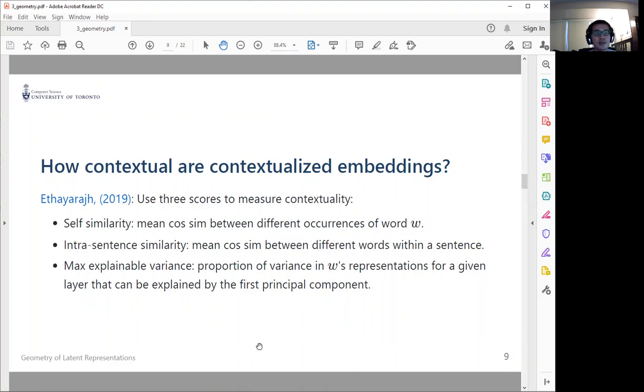And the second score is intra-sentence similarity, the mean cosine similarity between different words within a sentence.